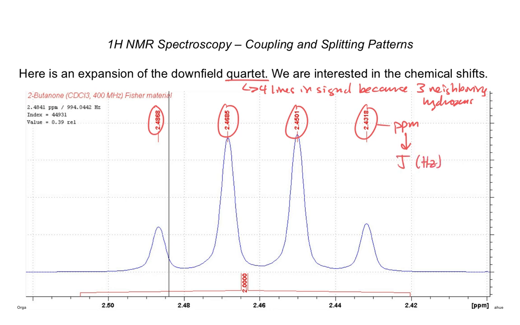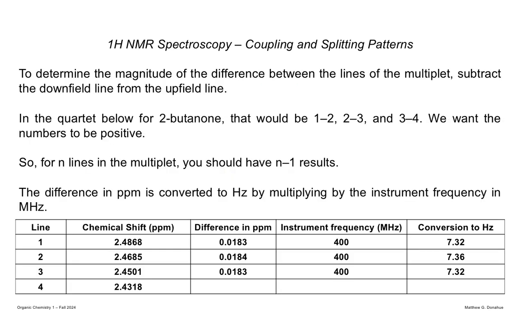So we have to do a little bit of math or conversion to get this line spacing. So that's the J value in hertz. So determine that magnitude, which is the difference between the lines. You subtract the downfield from the upfield.